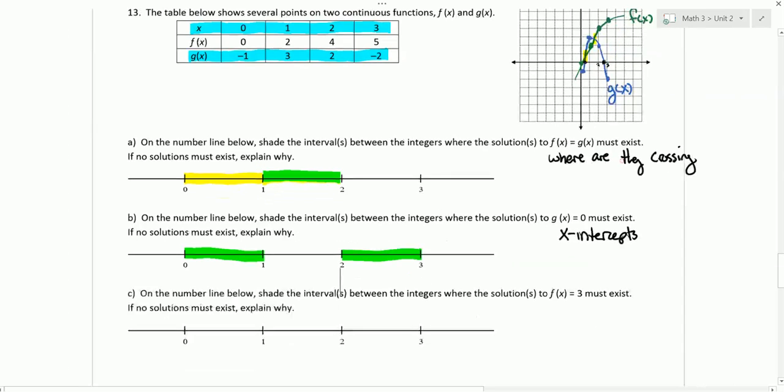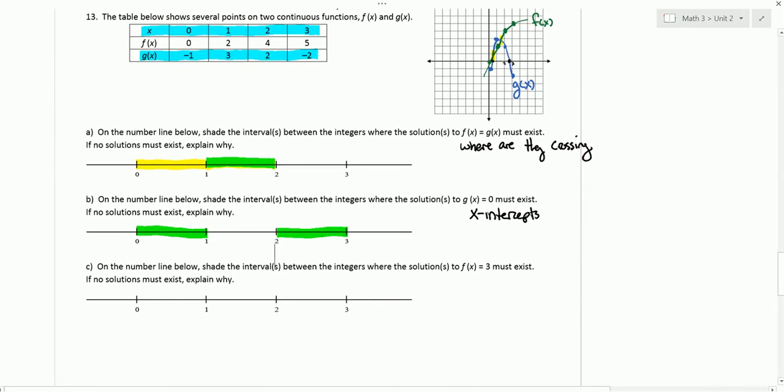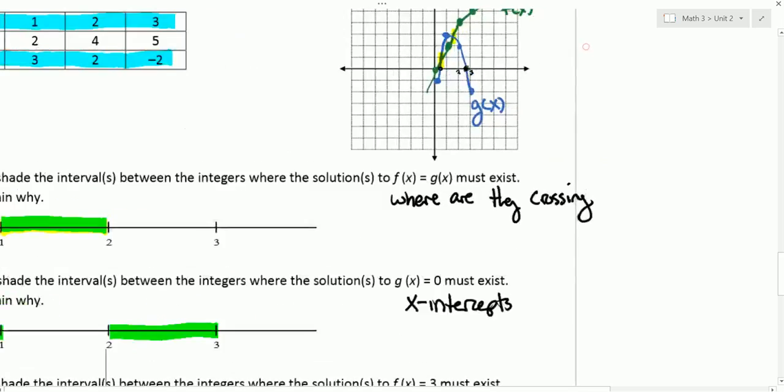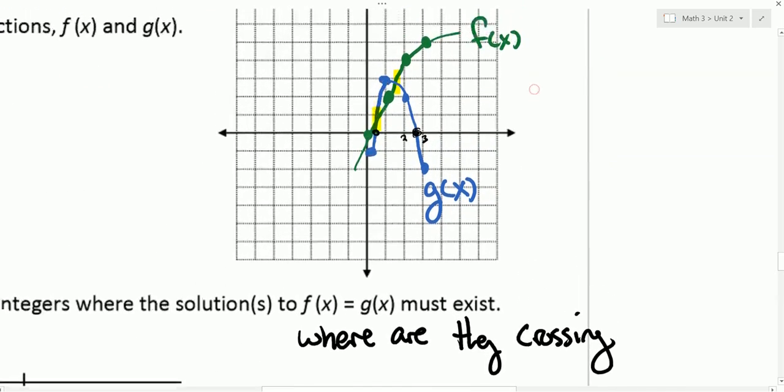Okay. And then part C, on the number line below, shade the intervals between the integers where the solutions to f of x equals 3 must exist. So what does it mean for f of x to equal 3?